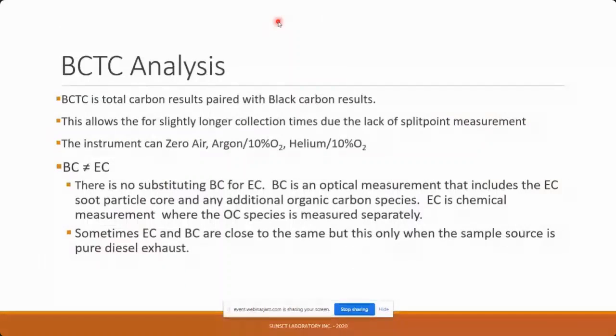So this brings us to what's called BCTC analysis. This is something that people are looking at these days, where it's basically an abbreviated version of OCEC analysis. I wanted to talk a little bit about this because BCTC, black carbon total carbon analysis, is basically a total carbon analysis paired with the optical analysis of black carbon.